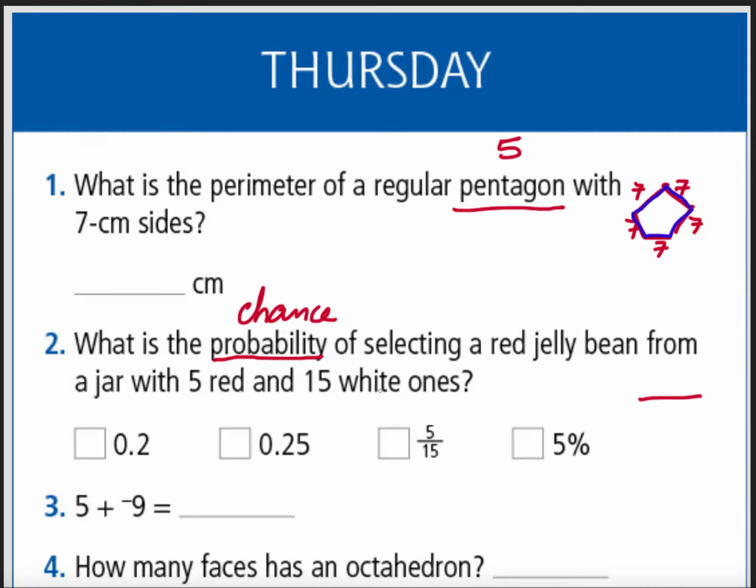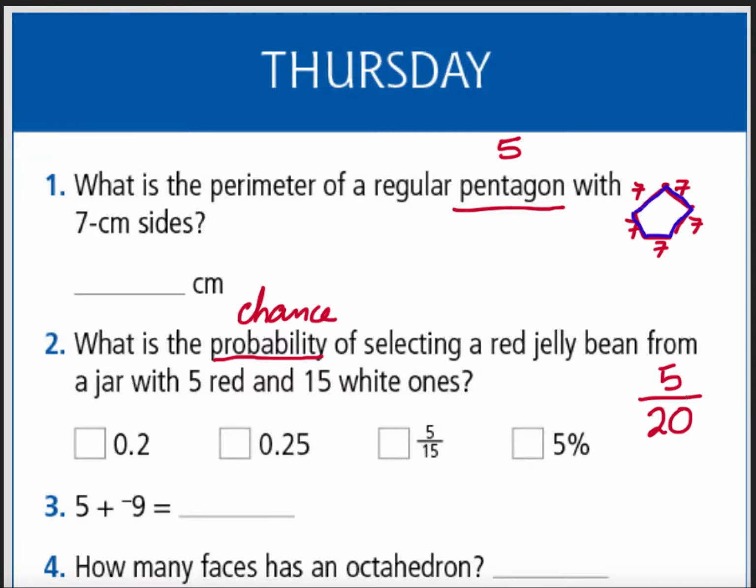So altogether there's 5 red and 15 white. So altogether there's 20 jelly beans in the jar. Now we're asked what's the chance of picking a red one. So we want to know how many in the jar are red. That's 5. So our chances of picking out a red one are 5 out of 20.